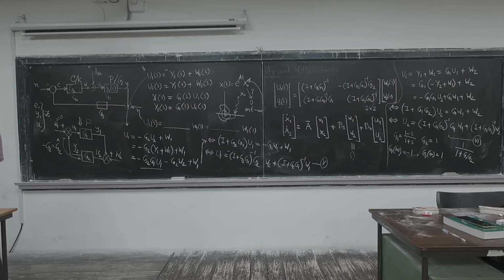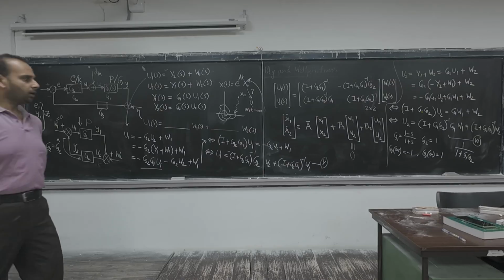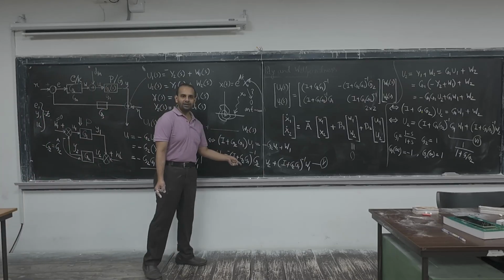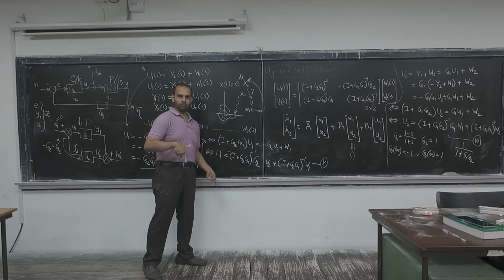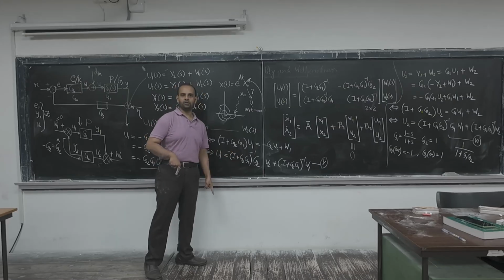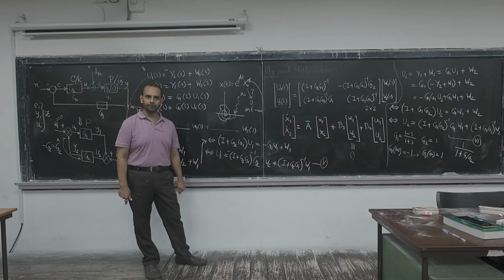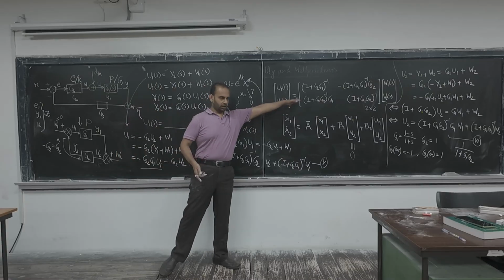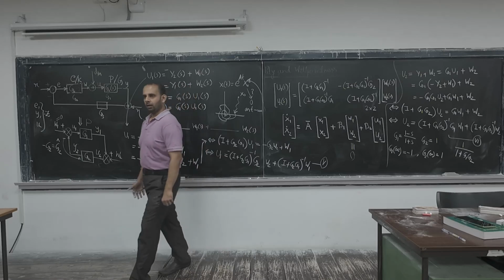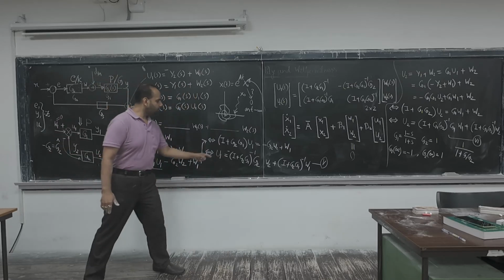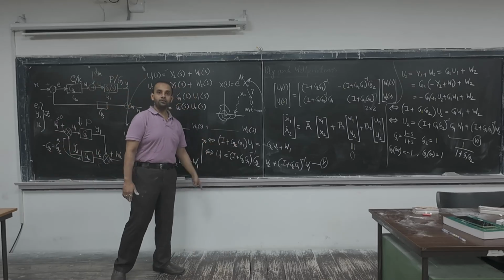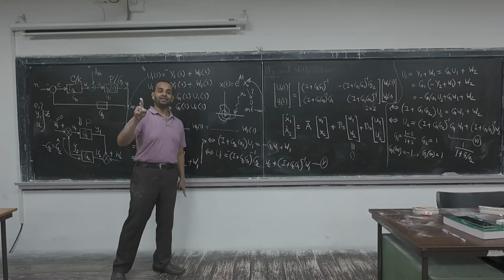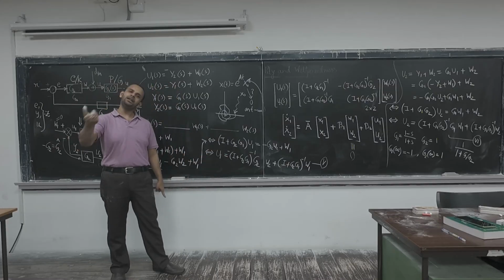There are many other finite frequency points. But that is already handled when designing the controller. That is our job: (I plus G1 G2) whole inverse will belong to RH infinity, because otherwise internal stability will fail. So if the inverse exists at infinite frequency, then we are done.